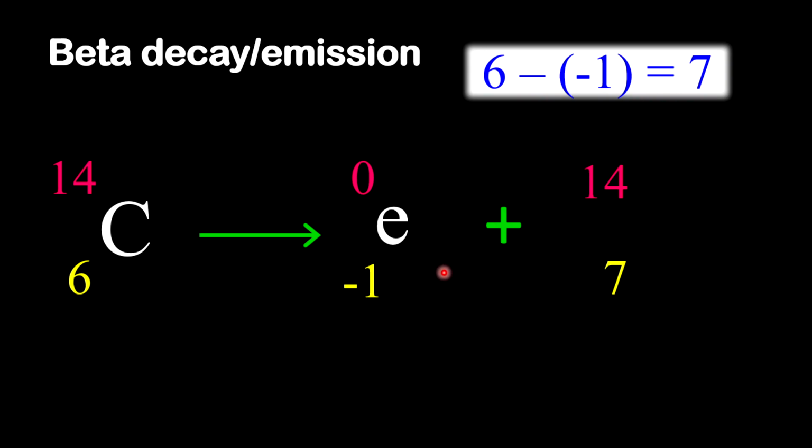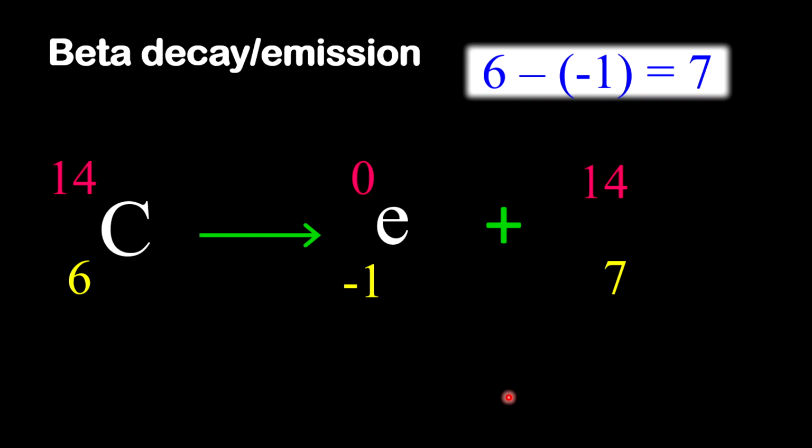Now you can even think about it this way: negative 1 plus what number gives 6? It has to be 7. You reduce 7 by 1 to give you 6. Or you say 6 minus negative 1 gives 7. So whichever way is easiest for you. But the idea is both sides of the equation must be equal in terms of mass and also proton number. So 0 plus 14 is 14. Negative 1 plus 7 is 6.